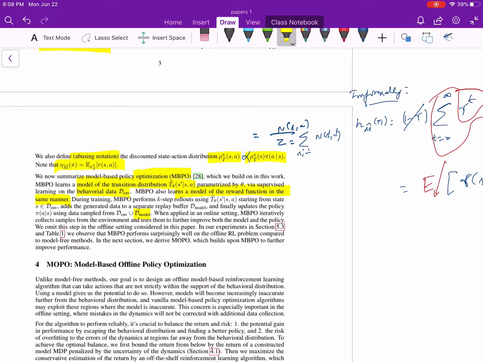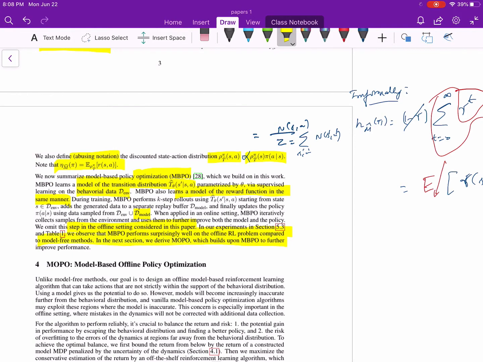Here in MOPO, the offline setting, the D model update is skipped. MBPO performs surprisingly well.